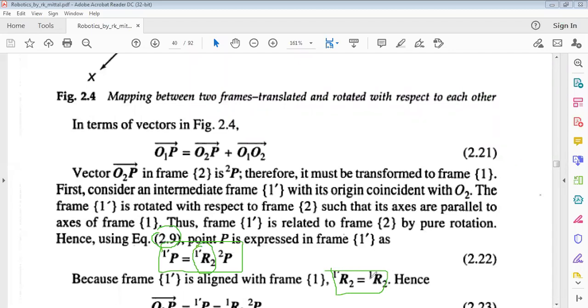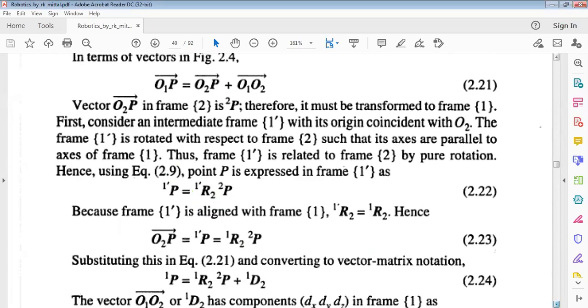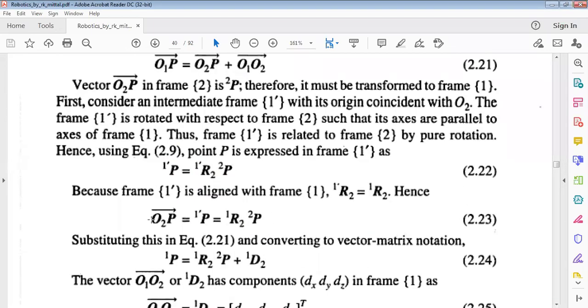Both are identical, so instead of using 1 dash R2, you can directly use 1 R2. Therefore, vector O2P is equal to 1 R2 2P.